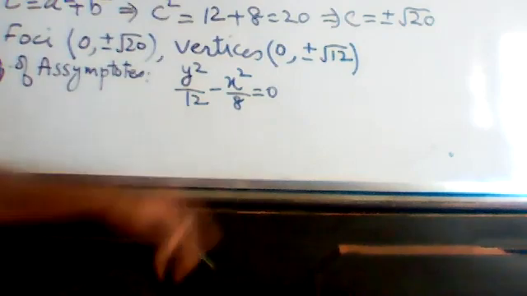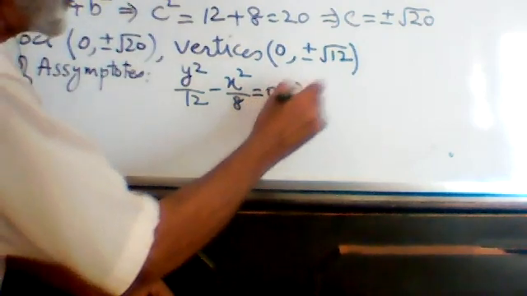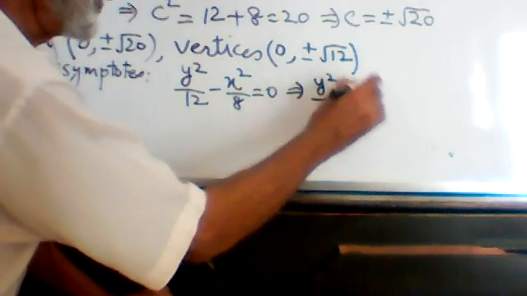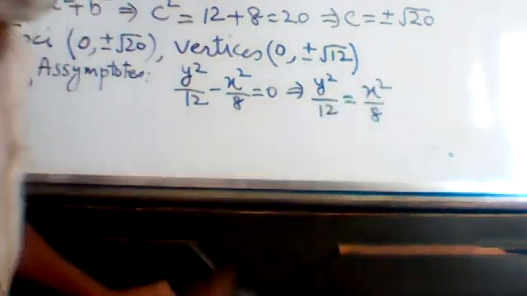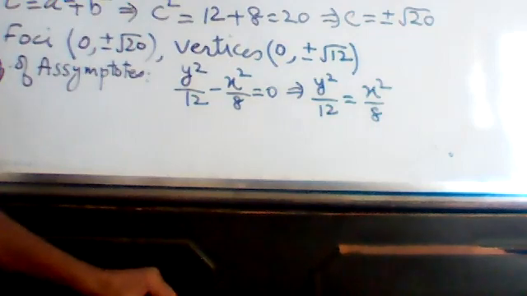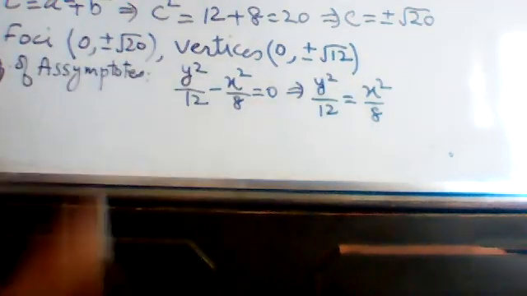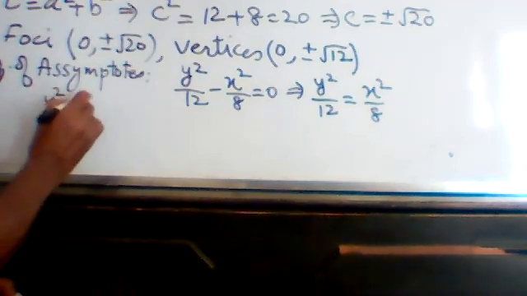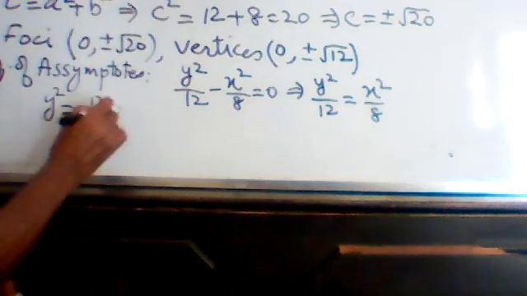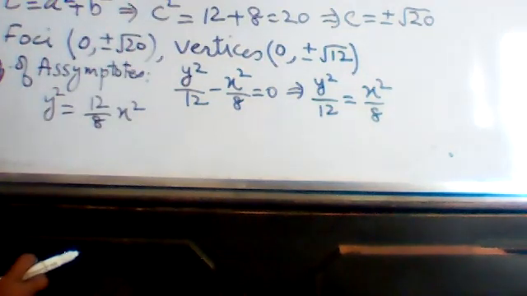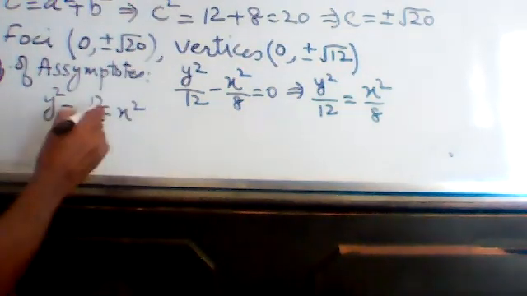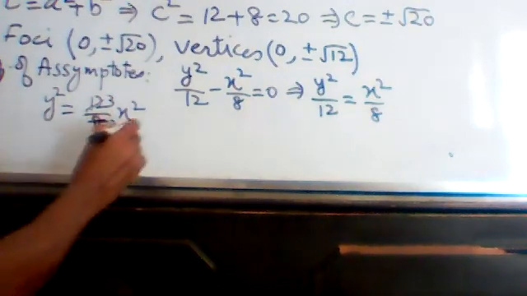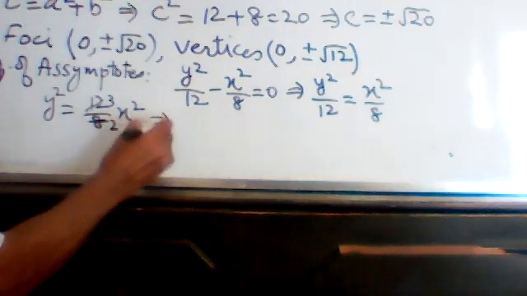X square is shifted on the other side. So y square upon 12 is equal to x square upon 8. 12 will be shifted on the other side. Y square is equal to 12 upon 8 x square. 4 3s are 12, 4 2s are 8. Take the square root.